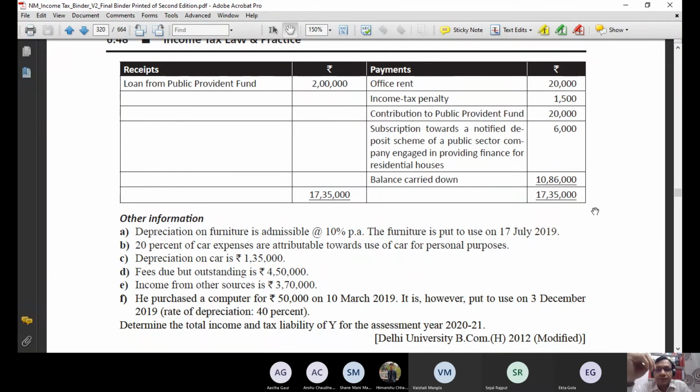First, prepare a wrong P&L account, wrong because of tax department policies but correct as per Companies Act, and then rectify it. Second option, directly prepare the correct P&L account as per Income Tax Act. Kindly raise your hand if this discussion is clear.